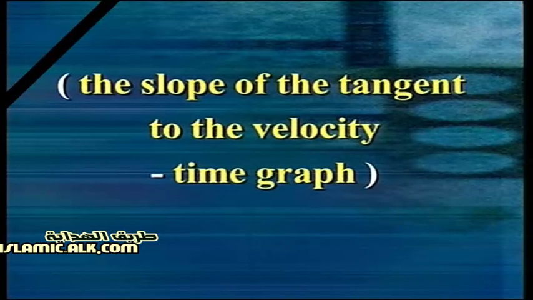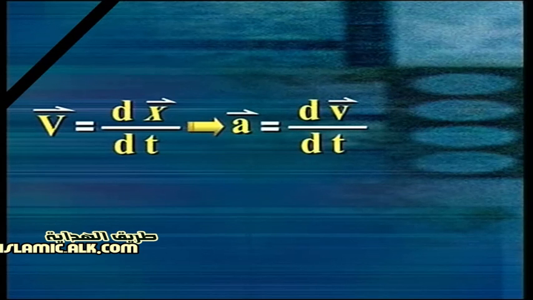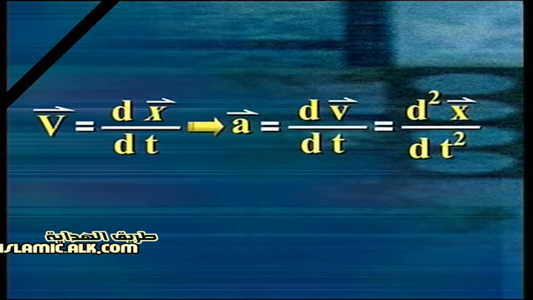Remember, the slope of the tangent of the velocity-time graph represents the acceleration A. Velocity v equals dx over dt. Acceleration A equals dv over dt, or d2x over dt2.